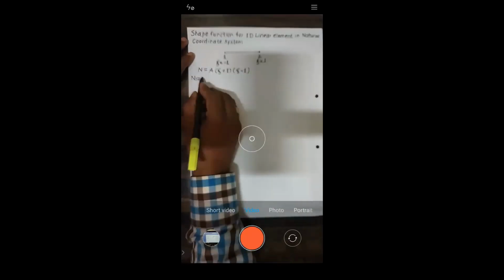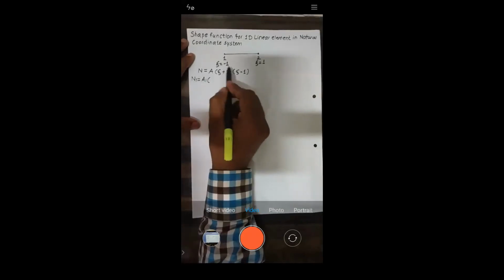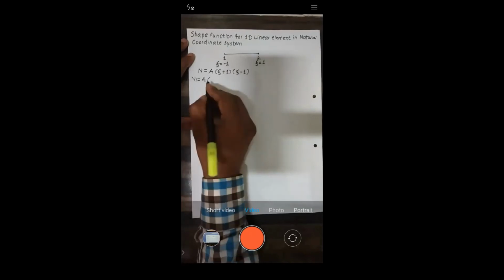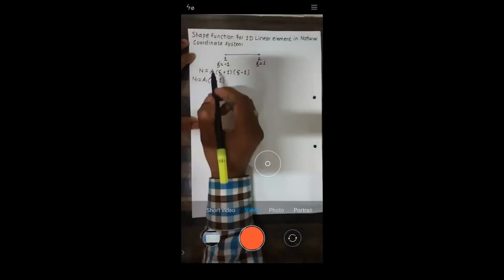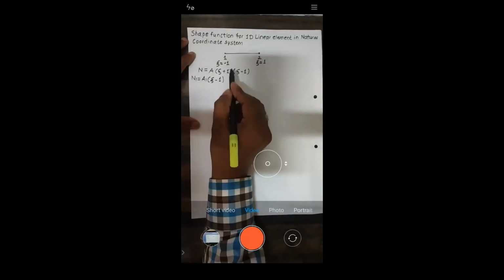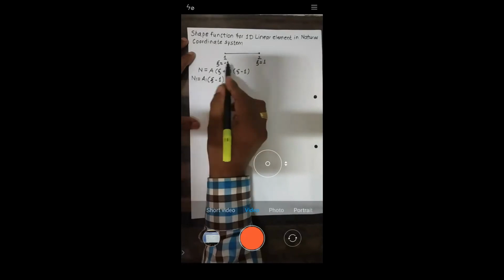See, A1 into this term we are not going to write down because this is for node 1. We will directly write down this term, that is zeta minus 1. We are writing for N1, so we will neglect the term which is for node 1.